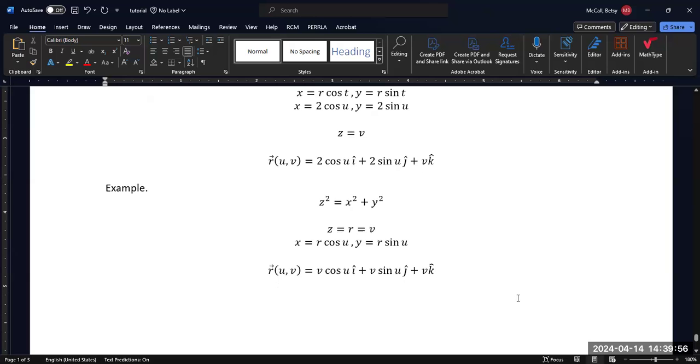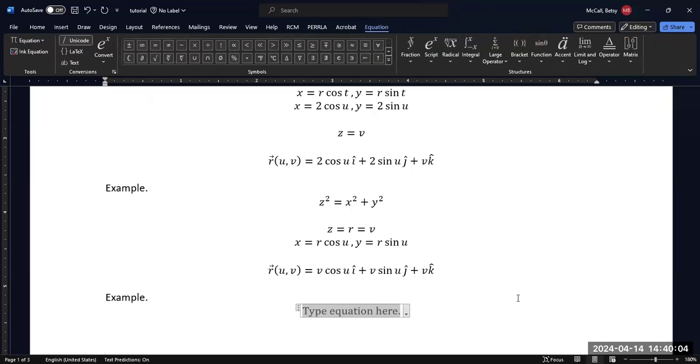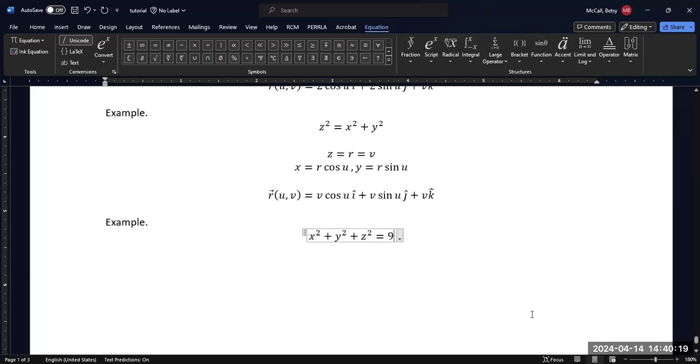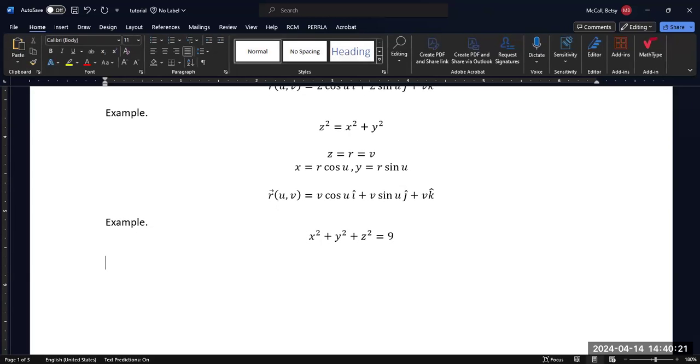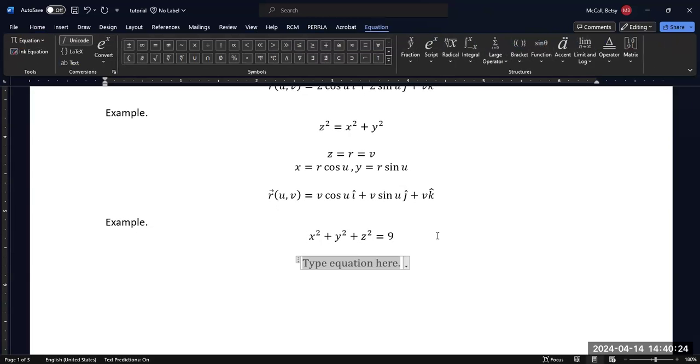All right, and then finally, we can also think about this in terms of what if we're looking at a sphere. So let's think about our x squared plus y squared plus z squared equals, let's say 9. Well, we're going to use spherical coordinates in order to do this conversion.